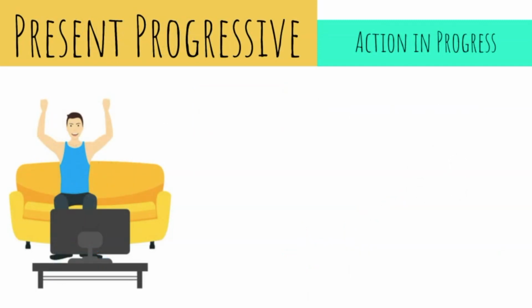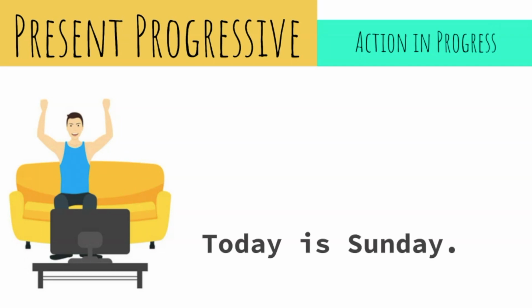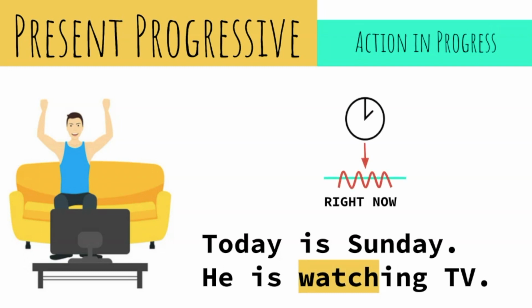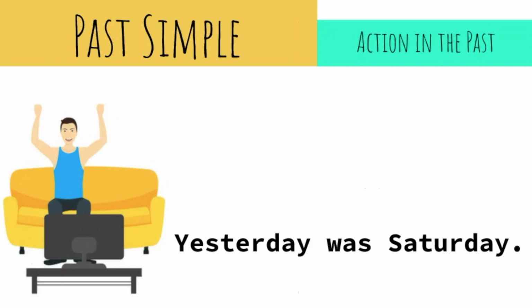Present progressive. Action in progress. Today is Sunday. He is watching TV. This action is happening right now. Yesterday was Saturday.